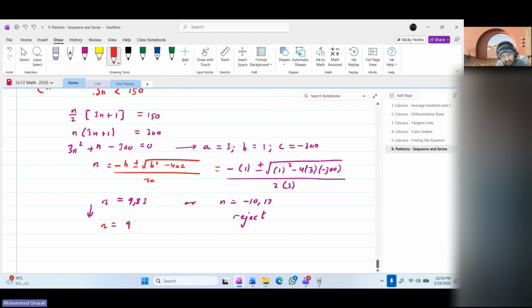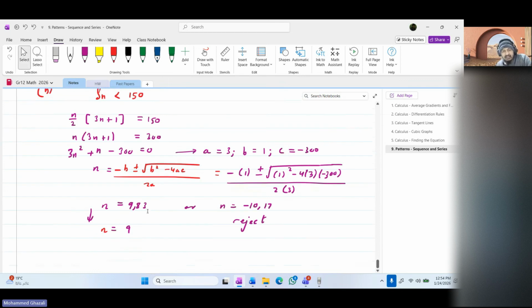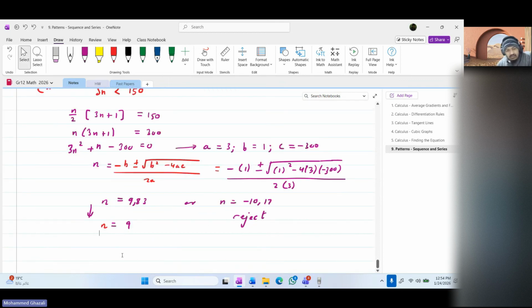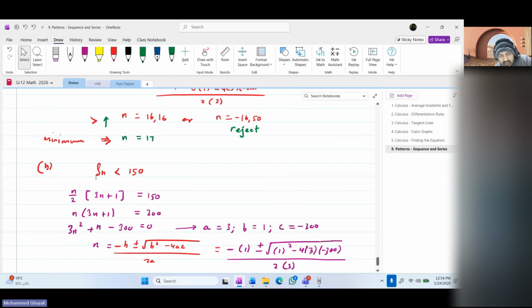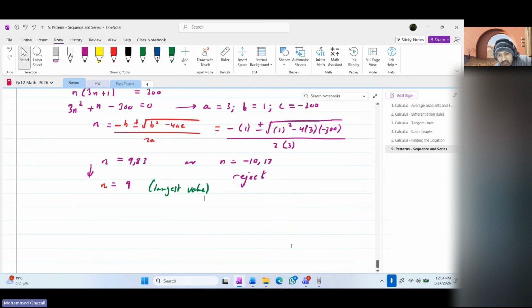Now let's double check our answer and see if we are actually getting less than 150 when N is 9. So this is the largest value, okay? Largest value or the maximum value. Now let's check satisfying this condition such that Sn is less than 150.